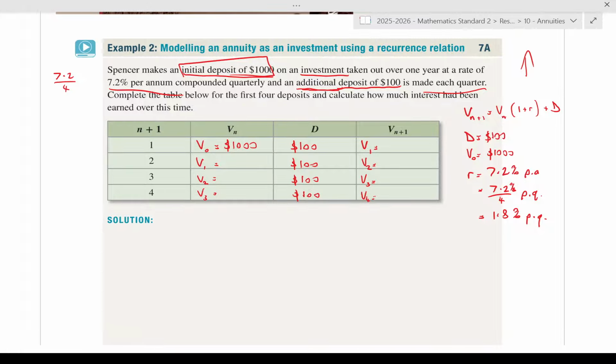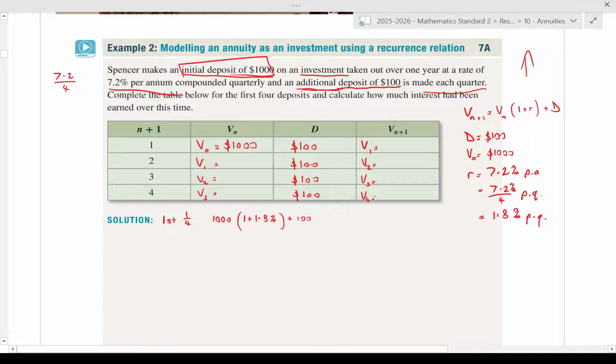We're now going to sub it into the formula. For the first quarter, it is going to be 1,000 times (1 plus 1.8%) plus 100.